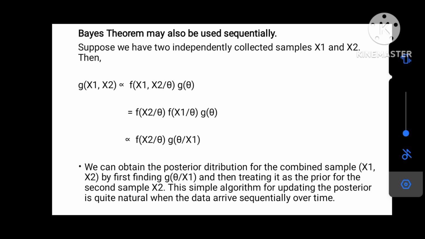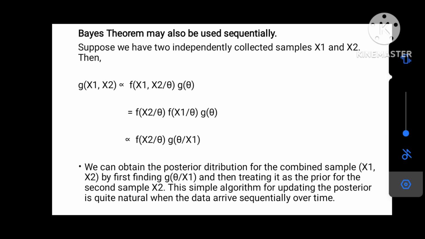So for this we can write f(x2 | θ) f(x1 | θ) g(θ), and this will be directly proportional to f(x2 | θ) g(θ | x1). So first we need to find g(θ | x1), and then later on we need to treat this g(θ | x1) as the prior to determine the posterior distribution.